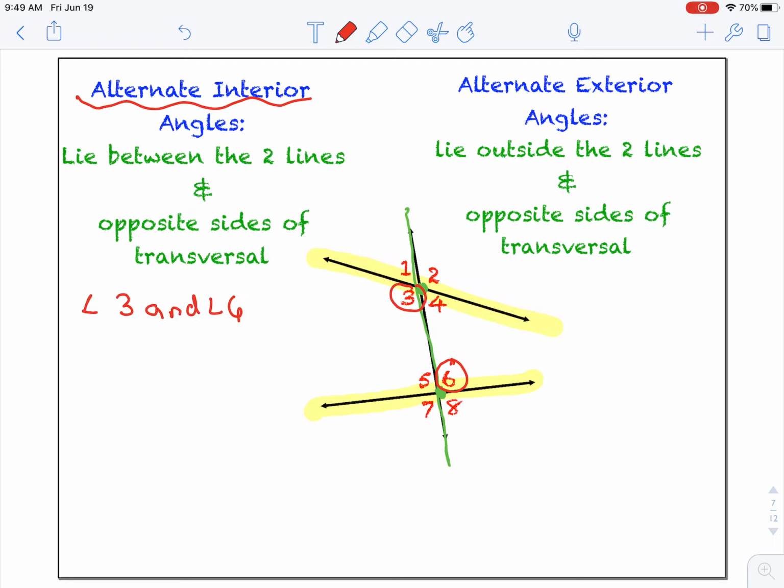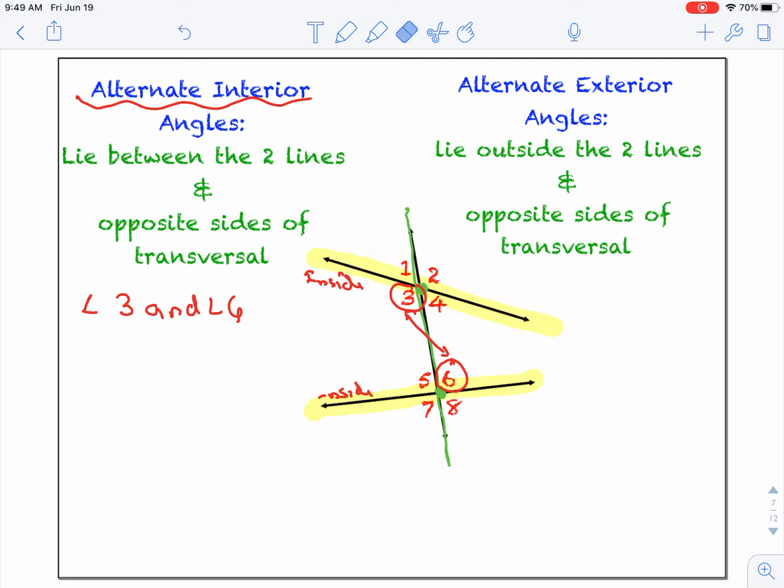So if you look at angle 3 and angle 6, they alternate across the transversal right here, and they are on the inside of the parallel lines.